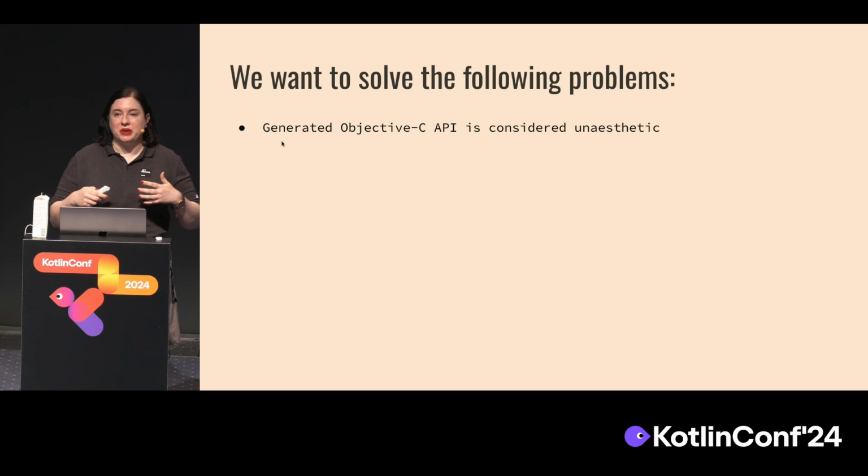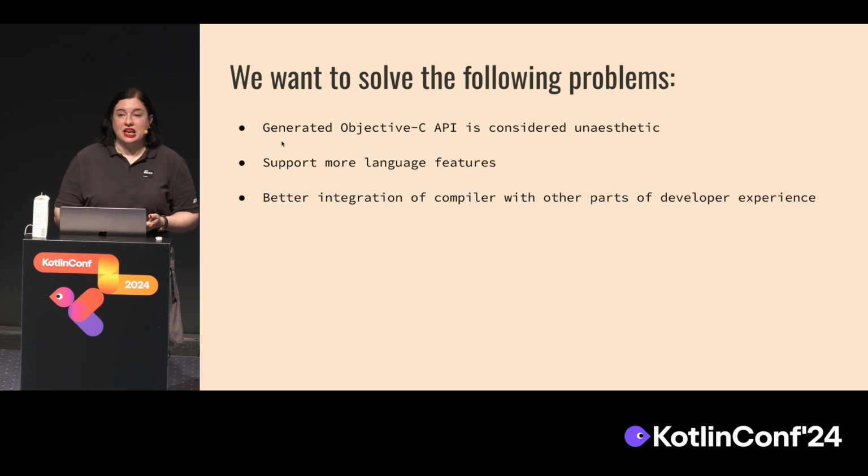We want to make it more in line with what iOS developers know and love about using Swift. We want to support more language features, and we want to have better integration of the compiler with other parts of the developer experience, like the IDE, tooling, and libraries, and so on.